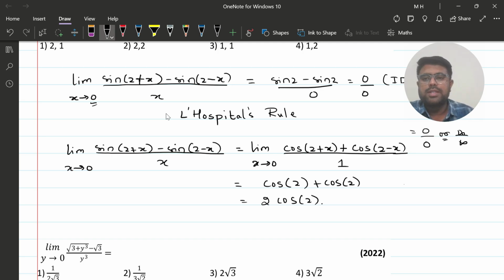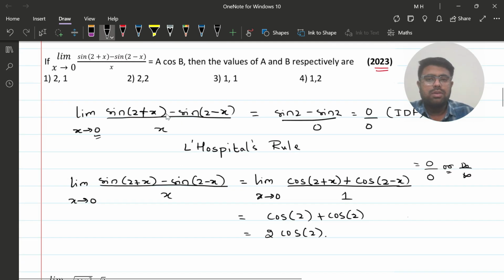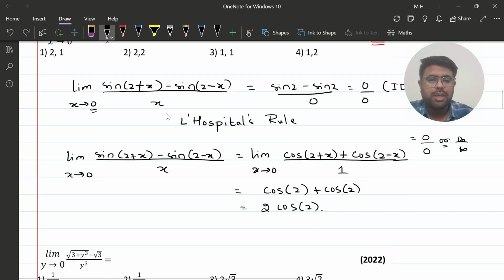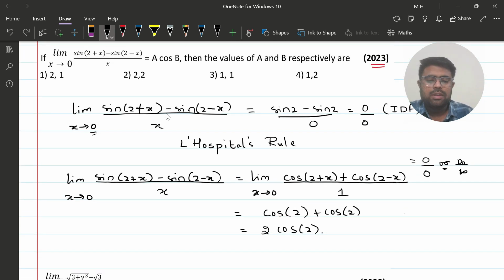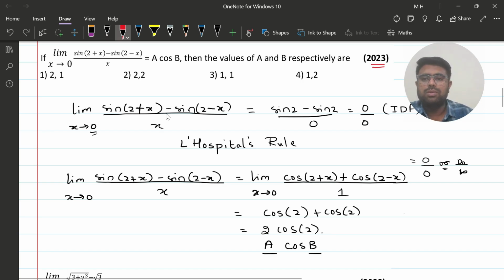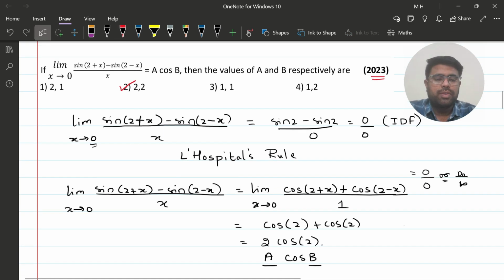So therefore, what can I say the values of a and b respectively are? If I compare this with a cos b, then the value of a is 2 and the value of b is also 2. So it must be the second option, that is 2 comma 2. Fine. So this is what we have.